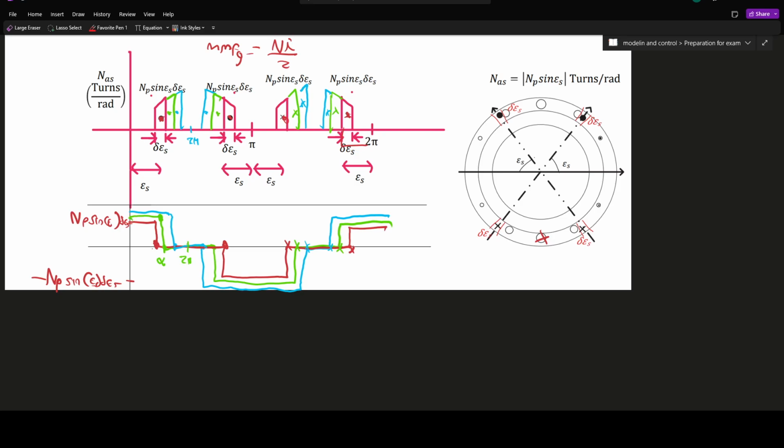So if we want the MMF at that point alpha, we are gonna have the integral from 2 pi to alpha, so this part, sine epsilon x.